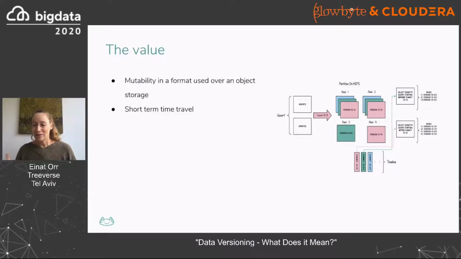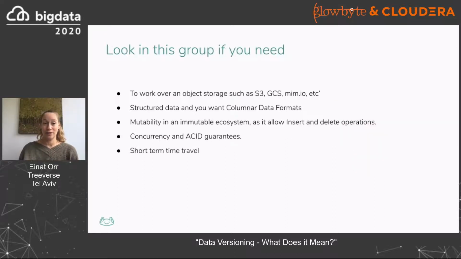So there are some configuration games there, history versus performance considerations, to be taken. And hence, as a rule, the time travel is short-lived, but it exists and it's extremely useful. So this is where we actually get mutability. And also time travel as a very nice sidekick.